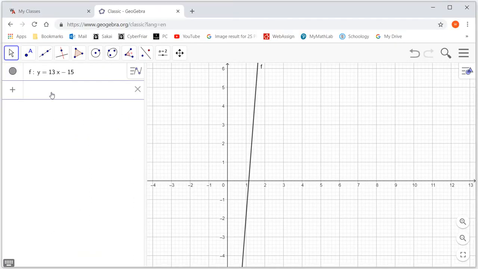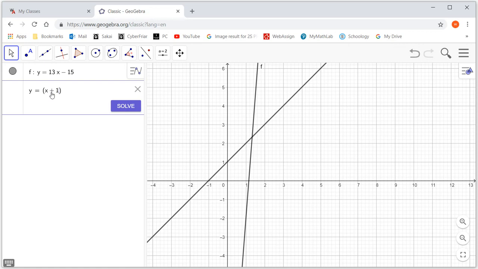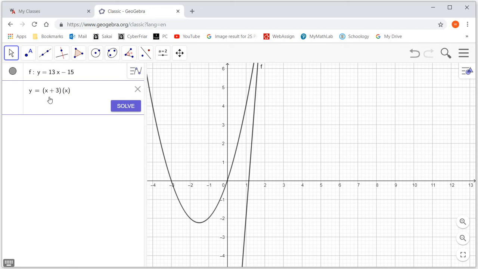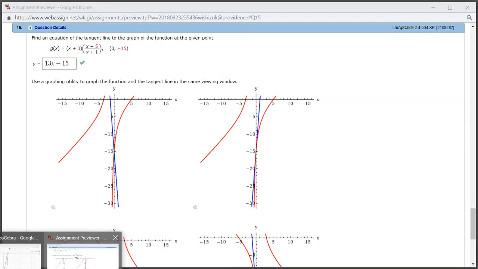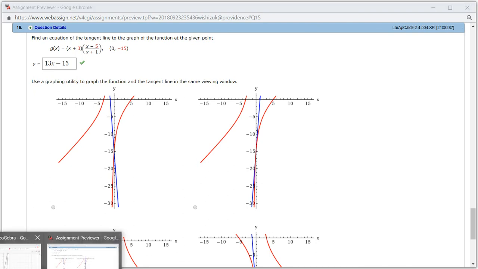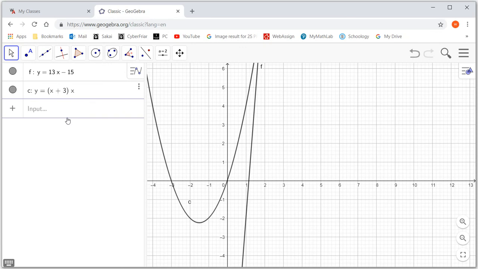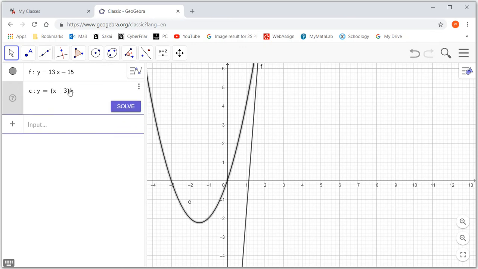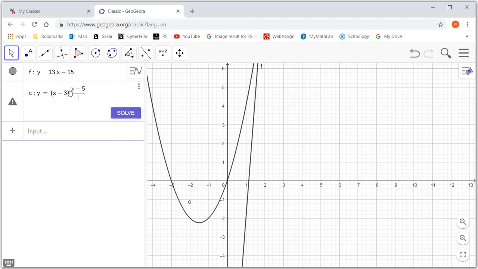So we have y equals x plus 3, times x minus 5, divided by x plus 1. Let's graph that.